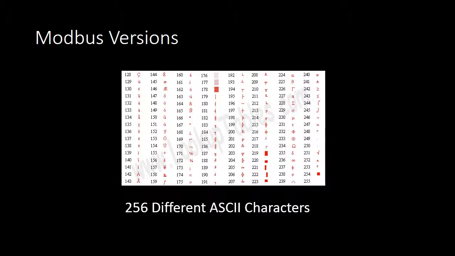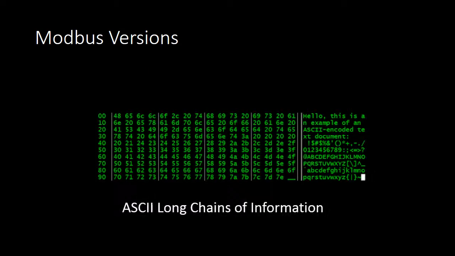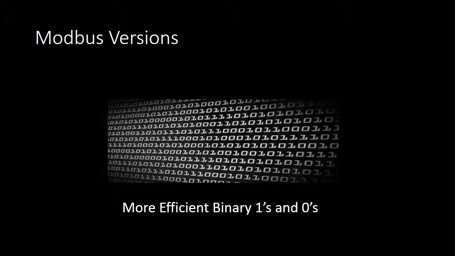Modbus ASCII is the original version from the 1970s and is still used today. ASCII is a method of encoding data as a series of 256 characters. This encoding method uses twice as many bytes to transmit the same content as a Modbus RTU message, which uses binary encoding.